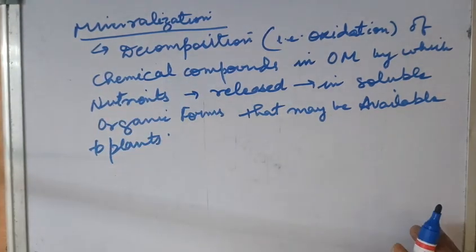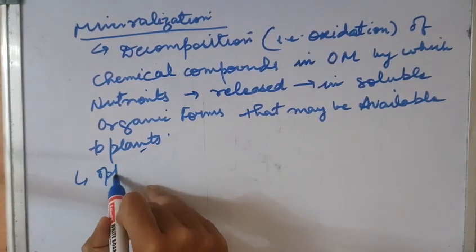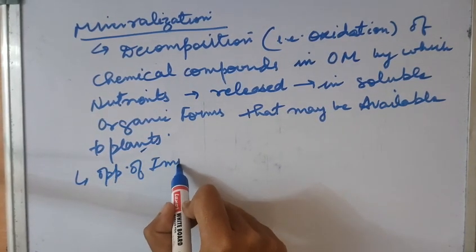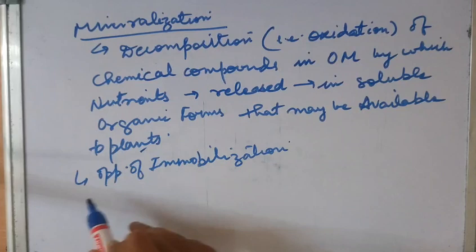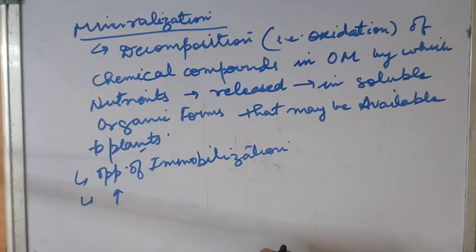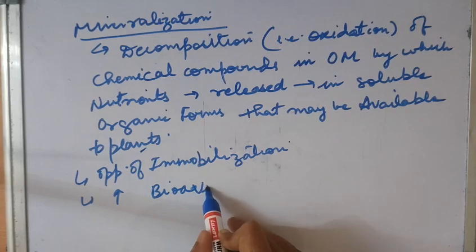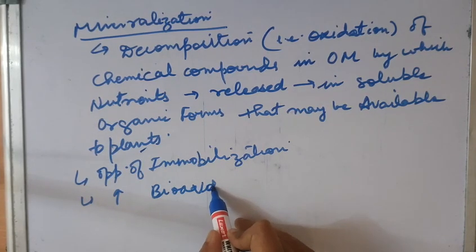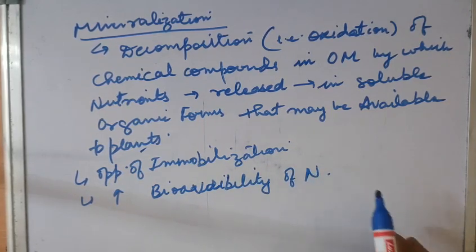So what does mineralization do? It makes nutrients available in a form so that plants can absorb them. It is just the opposite of immobilization. When I teach immobilization, just after it you will know why. It increases the bioavailability of nutrients that were in decomposing organic compounds.